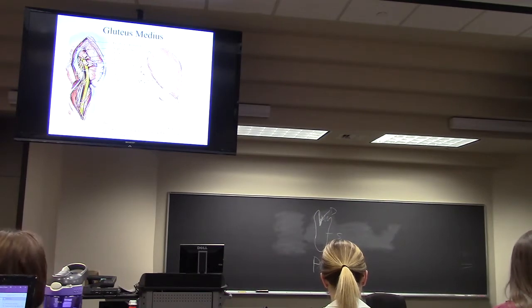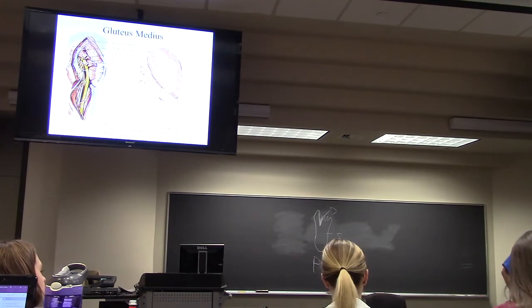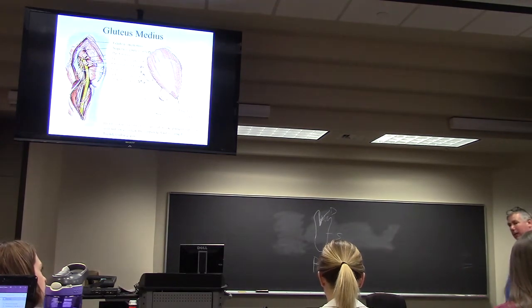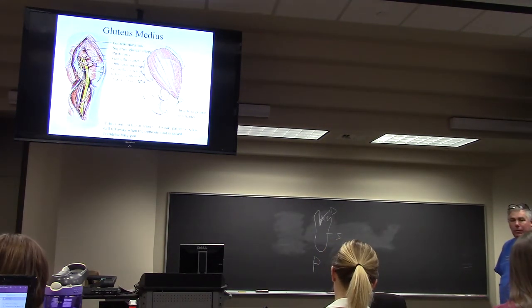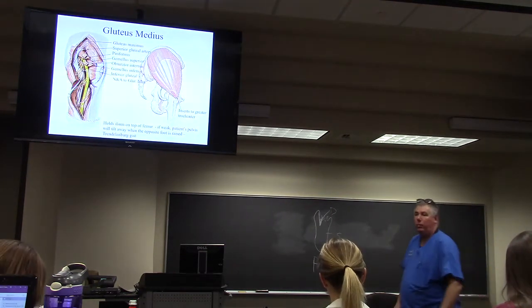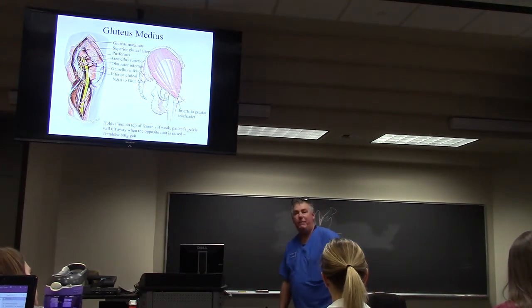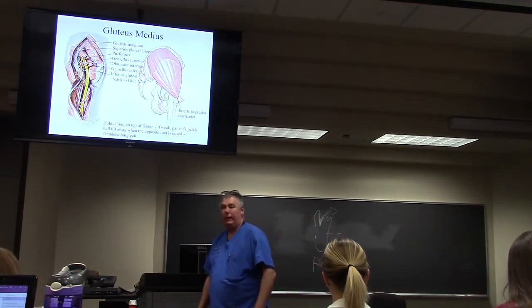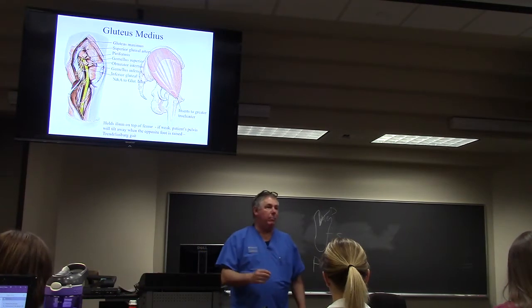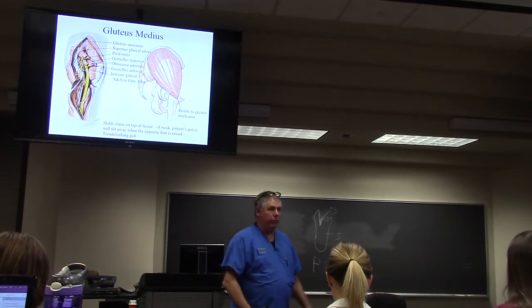So what you do when you walk, you have to put your pelvis over the femur. So what you wind up with is a tilt of your pelvis on the affected side, like that. It's called the Trendelenburg gait. Trendelenburg gait.